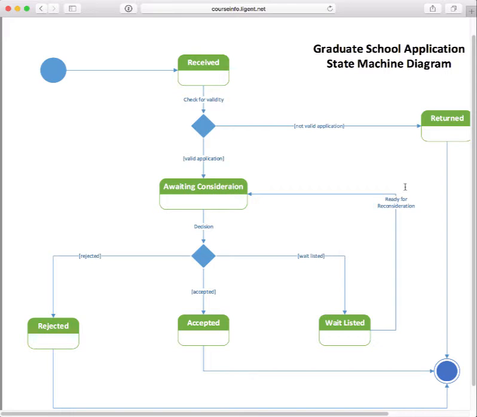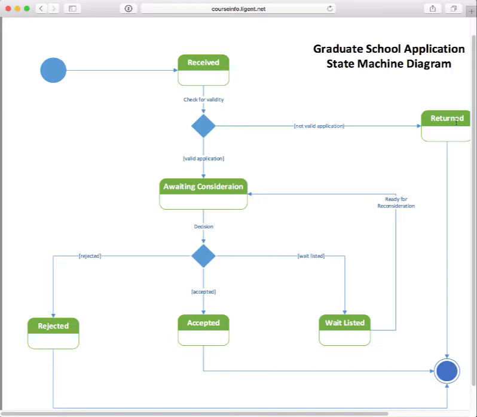So there's some kind of a triggering action where it becomes ready or ripe for consideration, and then it just goes back into the pool of awaiting consideration again, and it has to have a determination. Eventually, all these are going to wind up in some terminal state: rejected, accepted, returned.